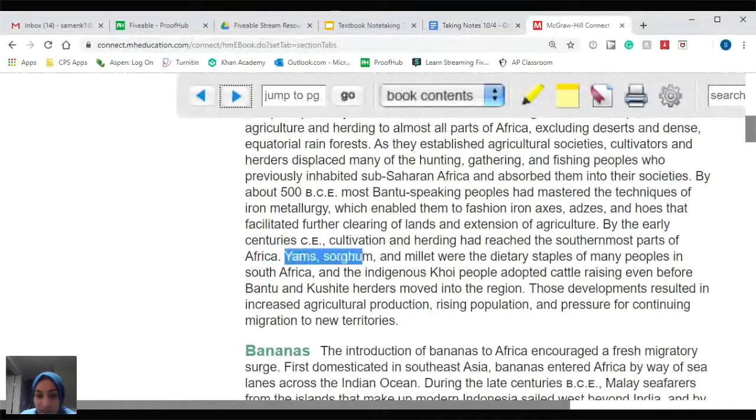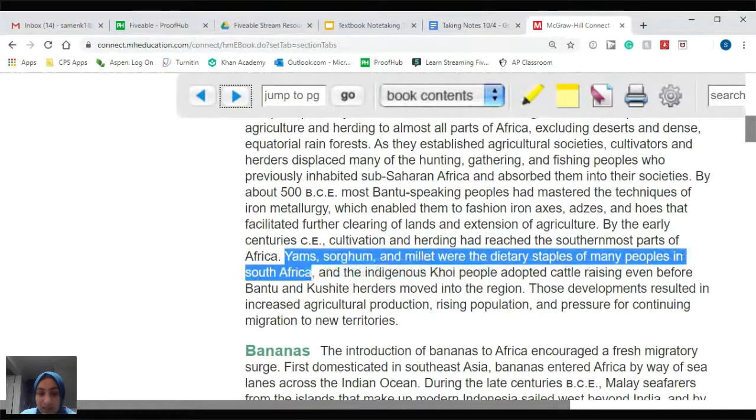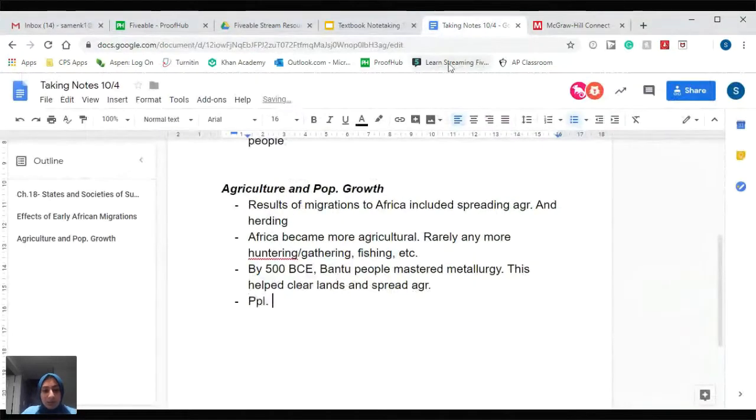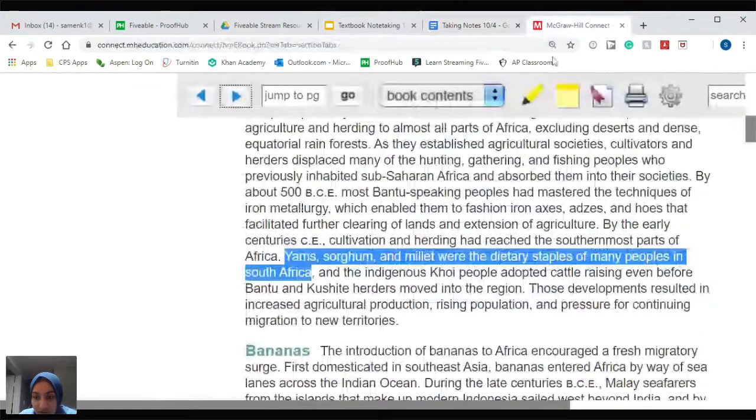Okay, I think this one's important. Yams, sorghum, and millet were the dietary staples of many people in Africa. So you could say people in Africa mainly ate, what was it? Yams, millet, sorghum, all that. And then all of this, we could just kind of sum it up.